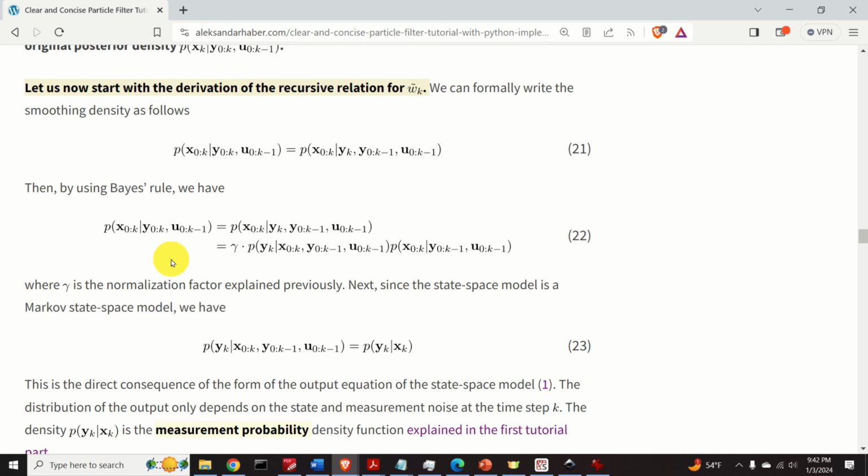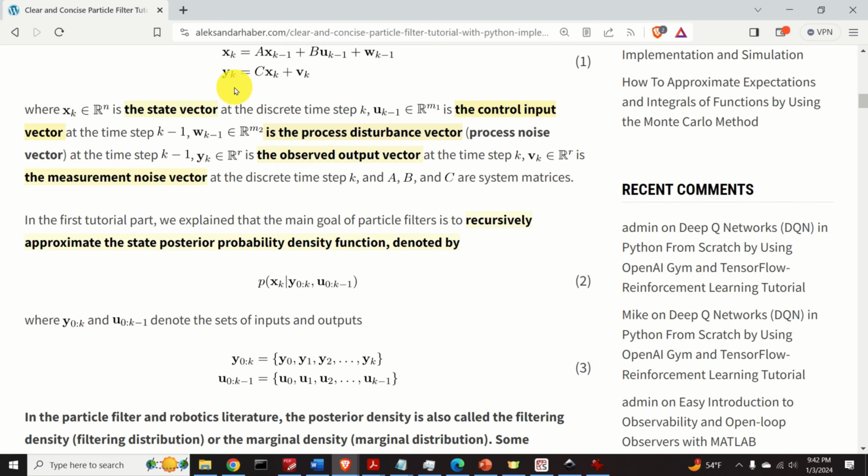Next, since the state space model is a Markov state space model, we can observe that this density can be represented like this. That is, the density only depends on yk and xk. This is the direct consequence of the form of the output equation of the state space model. Let's look into our state space model. Here it is, and here's the output equation.